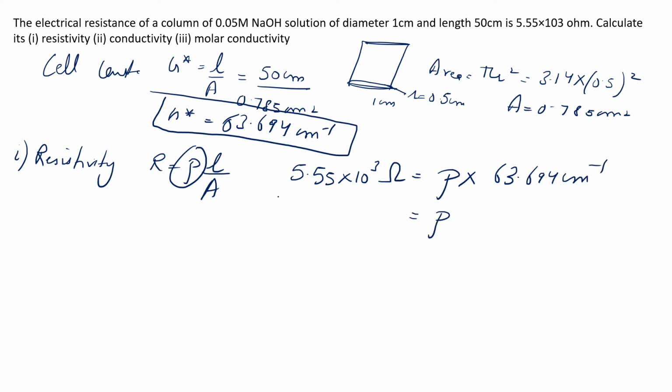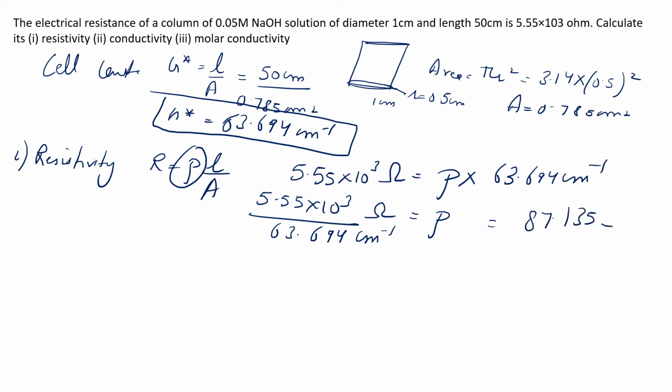So resistivity will be 5.55 into 10 raised to power 3 divided by 63.694 centimeter inverse. So we'll be getting a value close to 87.135 ohm.